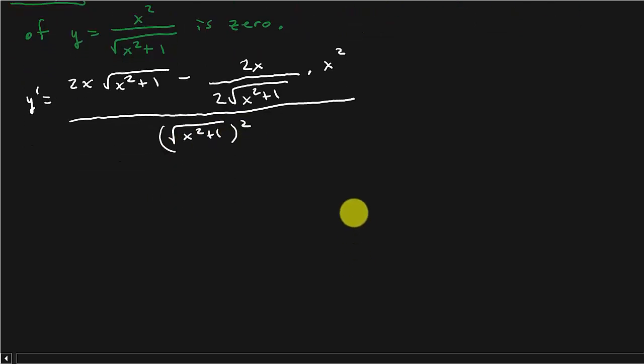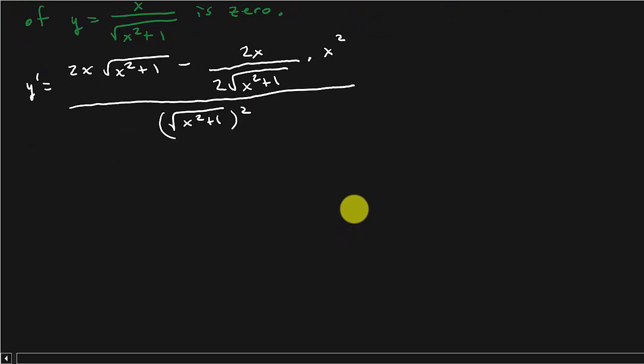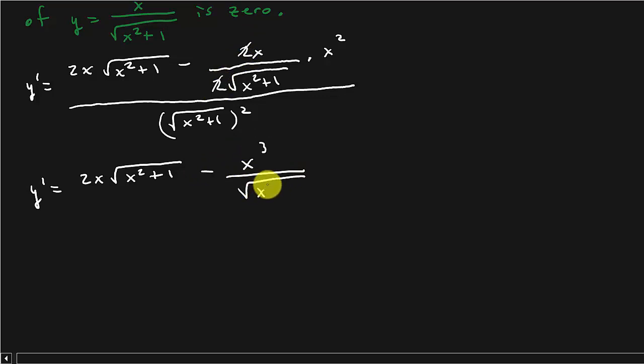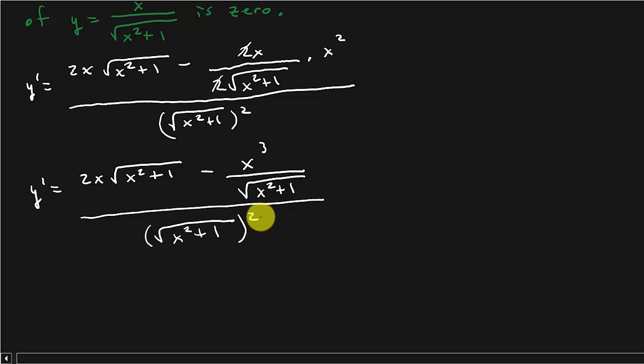All right. And look, let's go ahead and multiply this 2x and x squared and cancel those 2's. So I get y prime is 2x square root of x squared plus 1 minus, so the 2's cancel. That's going to leave me with x cubed in the numerator, and that's square root x squared plus 1. And that's all over the square root of x squared plus 1 squared.